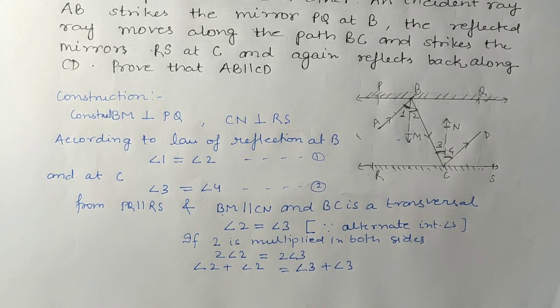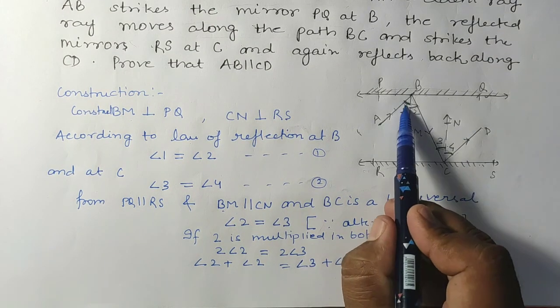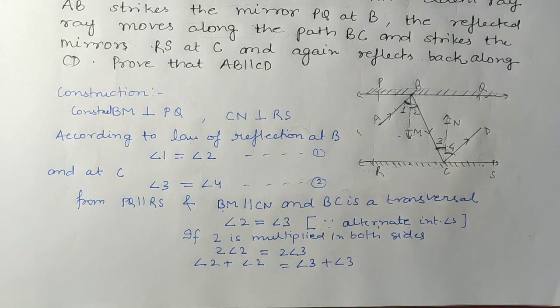We can write this now. Why are we doing so? Because we want to show that this whole angle is equal to this angle. For this we have to multiply by 2 on both sides, and after multiplying by 2, we have written it in the separate form.